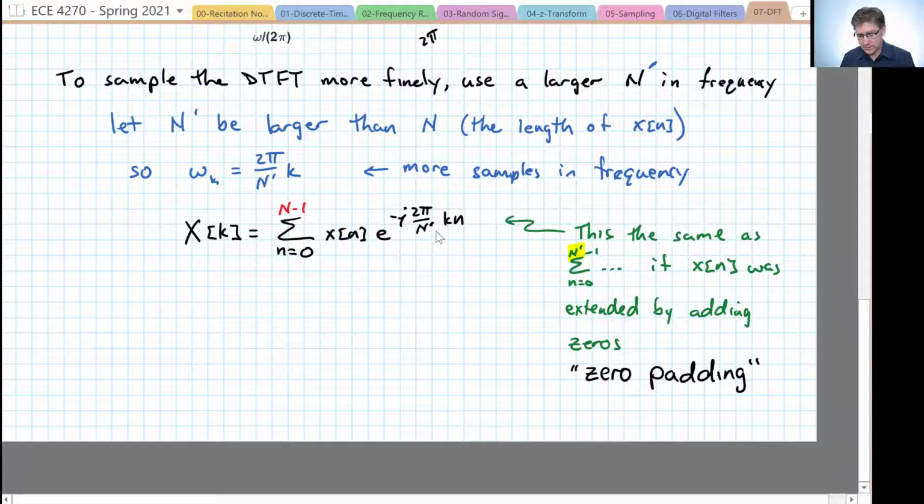But other than that, nothing else has changed, except that it now looks like we were taking the DFT of a sequence x of n that's been padded by some zeros. By doing that, our DFT is longer, we get more samples in frequency, but the DTFT that we're sampling is exactly the same as it was before.